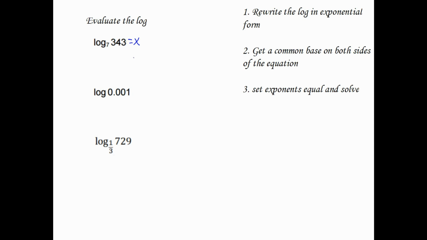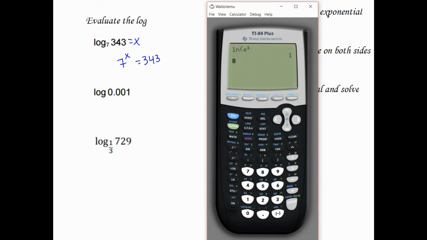Okay, and so when we do this, I have my log base 7. So my base is 7, and it's going to be equal to x equals 343. Okay. So I rewrote it in exponential form, but I don't have a common base on both sides. So I can rewrite 343 as 7 to the 3rd, because 7 to the 3rd is 343.